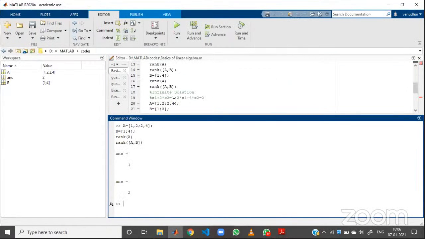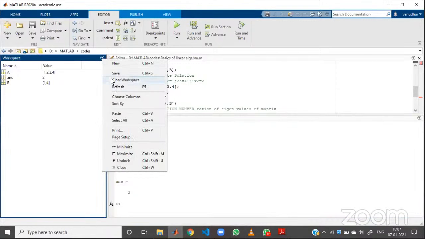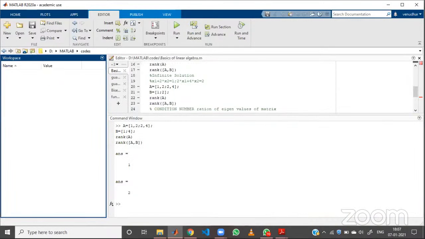Also, for infinitely many solutions, I have taken the example x1 plus 2x2 equals 1, 2x1 plus 4x2 equals 2. Let me give you this example.